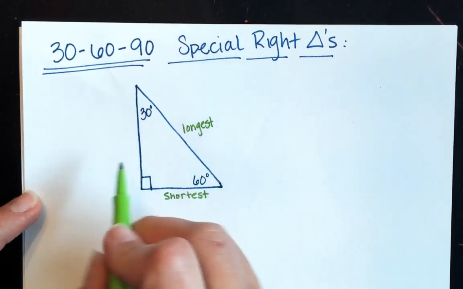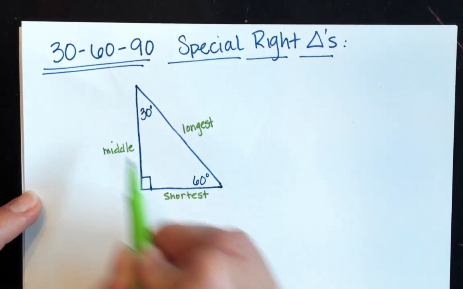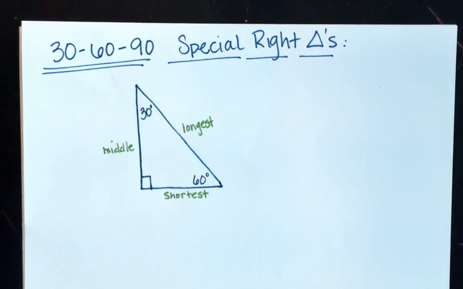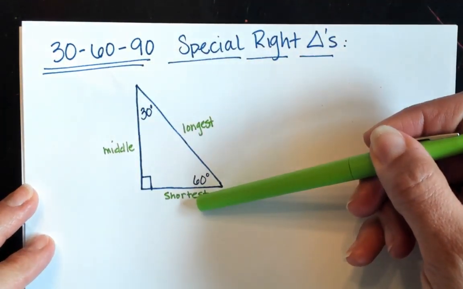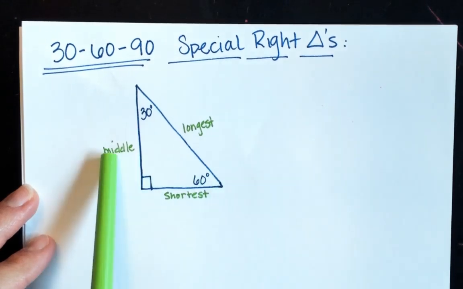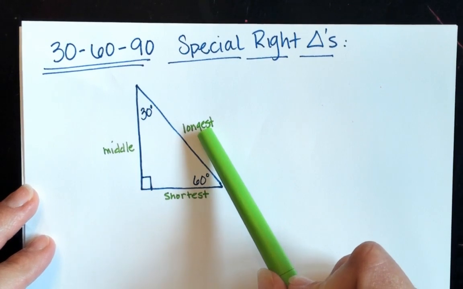And opposite the 60 is kind of the guy stuck in the middle. 60 is the middle measure. That side would have to be the middle length. And that's always a good thing to pay attention to because we've done our triangle inequality stuff so much recently that we should know opposite the smallest should be the shortest, opposite the middle guy should be the middle length, and opposite the largest should be the longest.